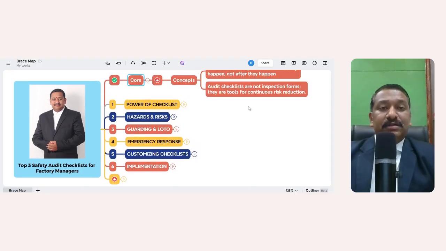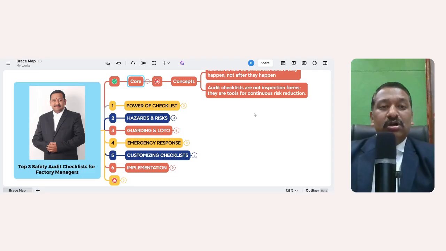The core concept says that audit checklists are not inspection forms, they are tools for continuous risk reduction.